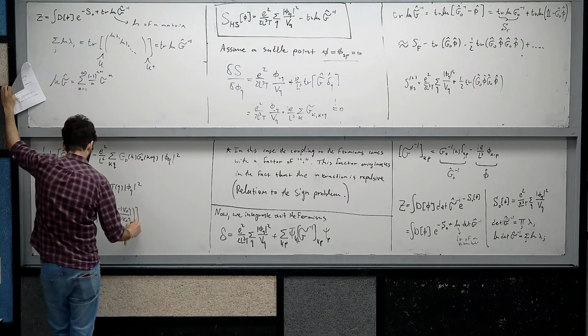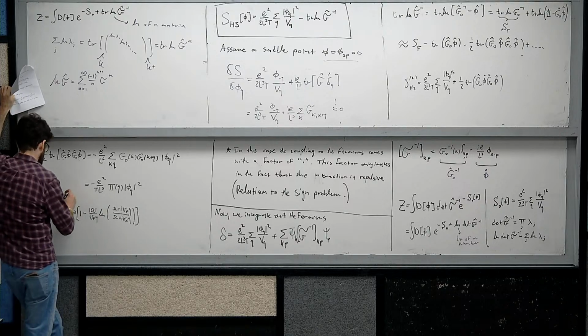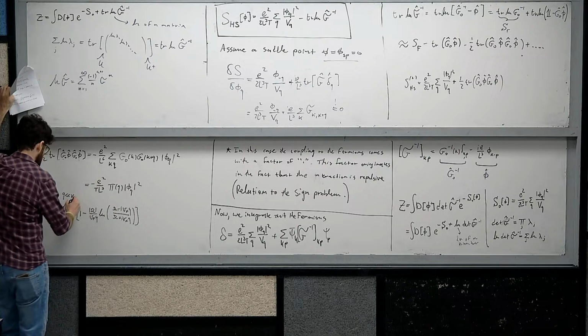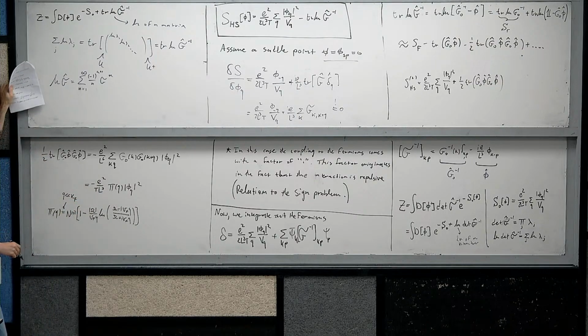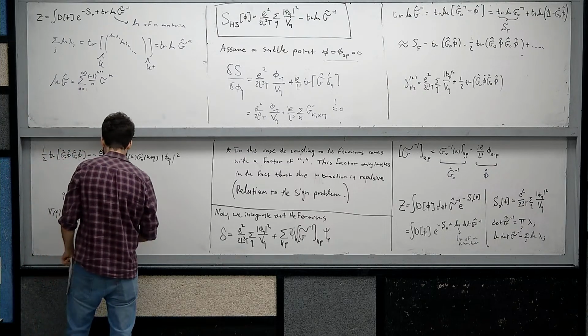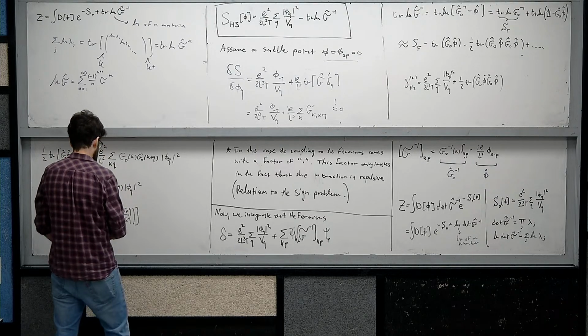And here we assume that q is much, much smaller than k.